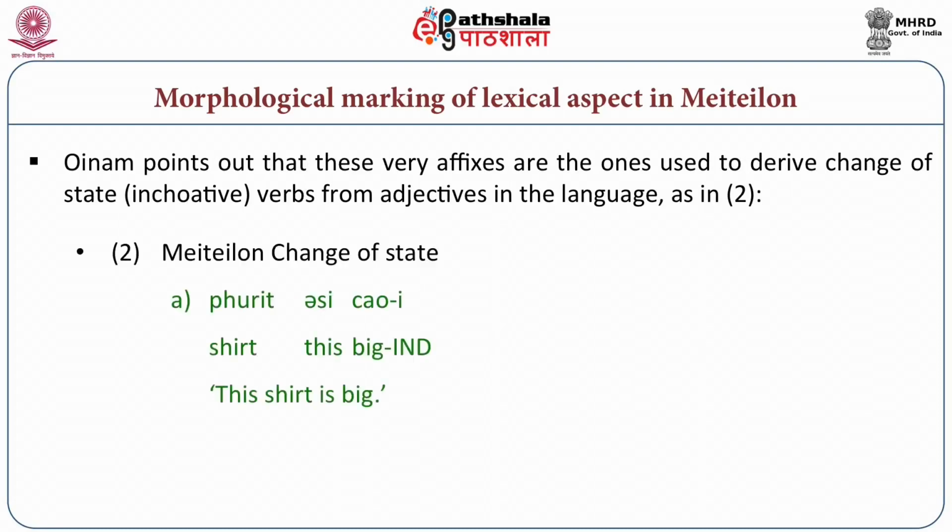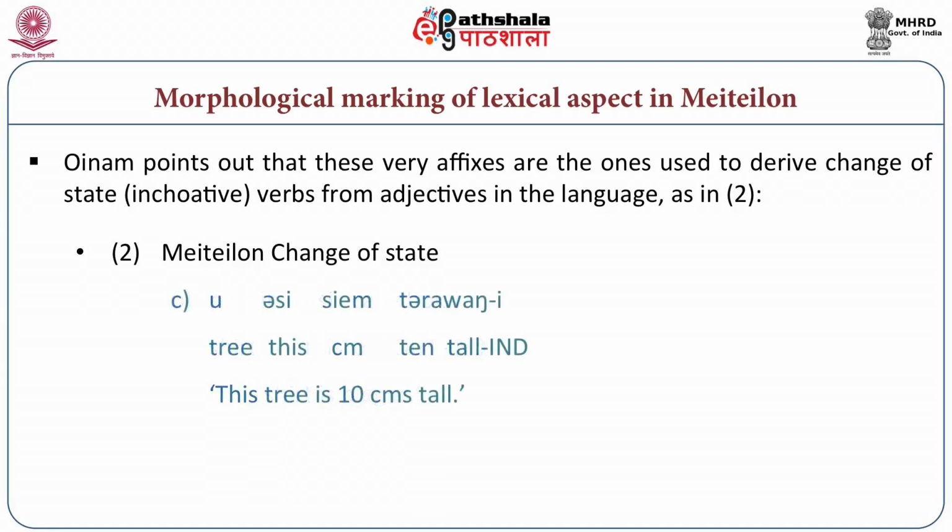So when in an adjectival predication like big, the root big is chow. When the shirt has become bigger, then you say chow thok, which is big plus out. If you have a description of a property like tall, then you will have the predicate wang. To state that something has grown, it is wang plus khat.